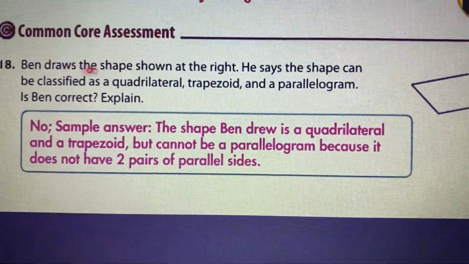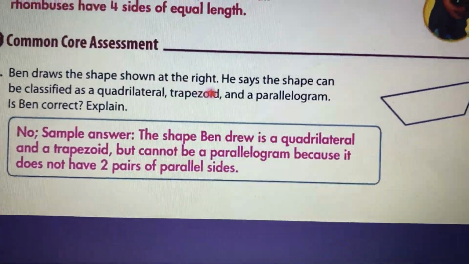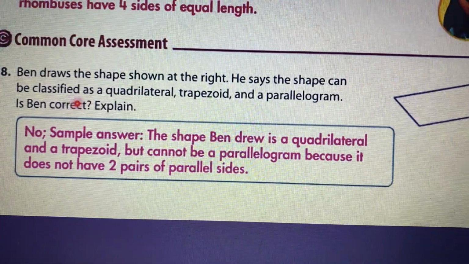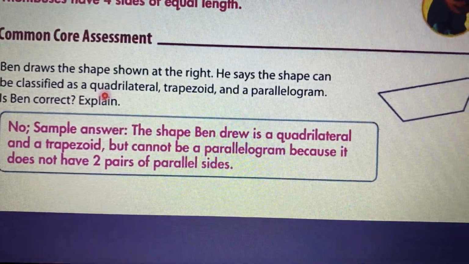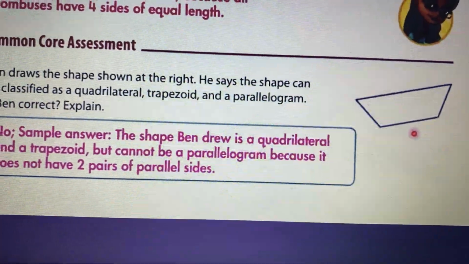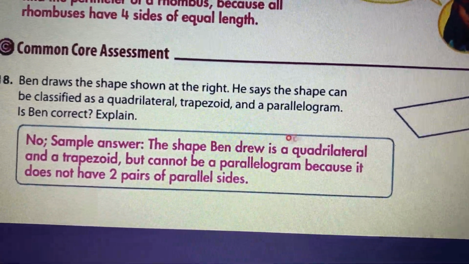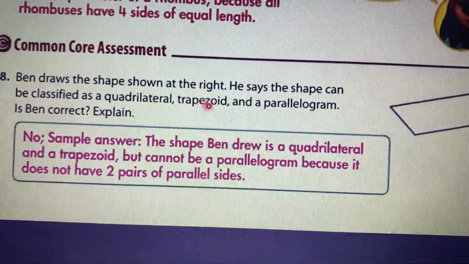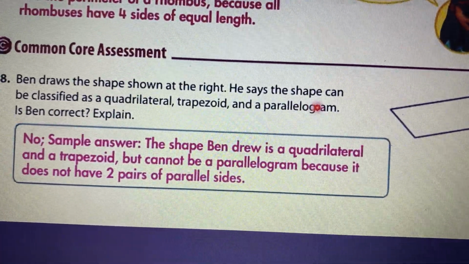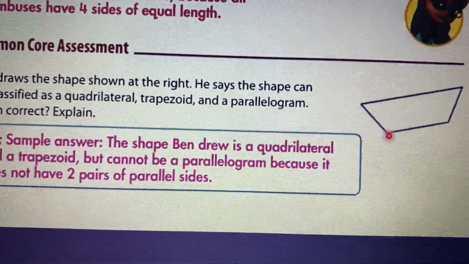Ben draws the shape shown at the right. This one. He says the shape can be classified as a quadrilateral. Let's take a look. 4 angles, 4 sides. Check. Yes. Trapezoid. Yes, it is a trapezoid. And parallelogram? Let's take a look.